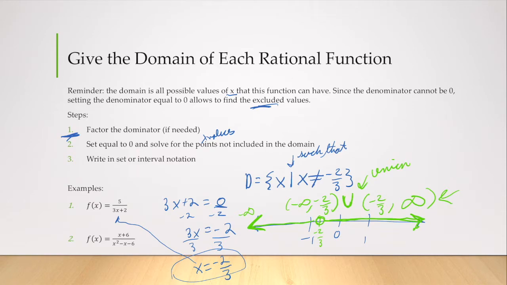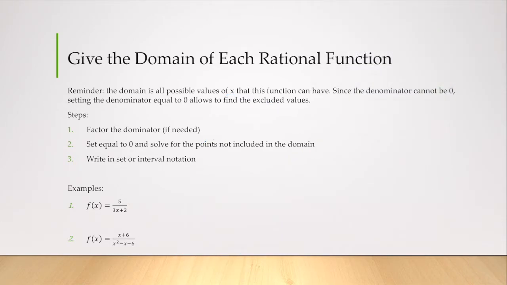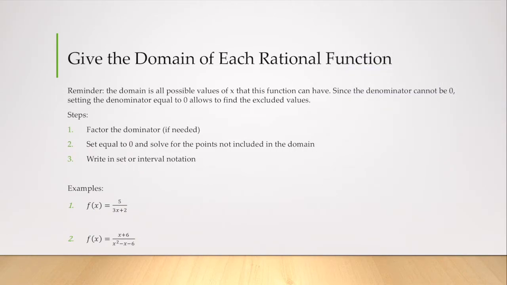So this is how we'd write it in interval notation. Let's take a look at example 2. So for problem 2, I have f of x equals x plus 6 divided by x squared minus x minus 6. So I'm going to take my denominator, and I'm going to go ahead and factor it.